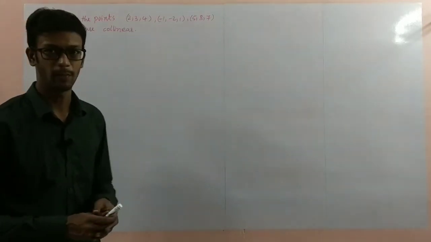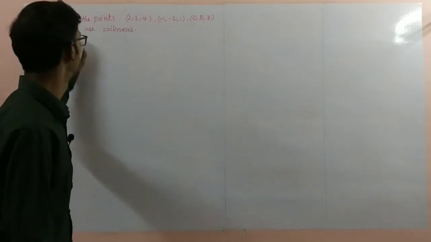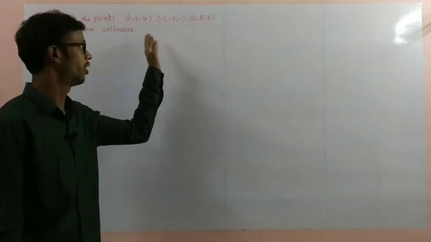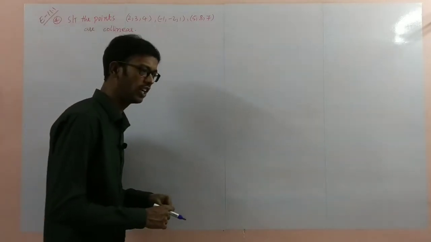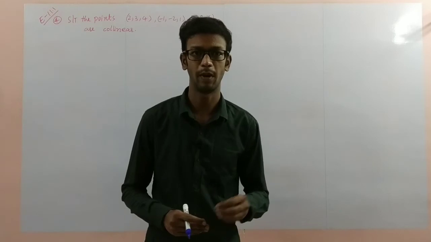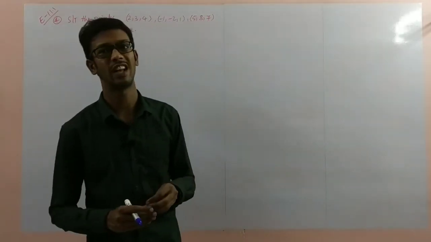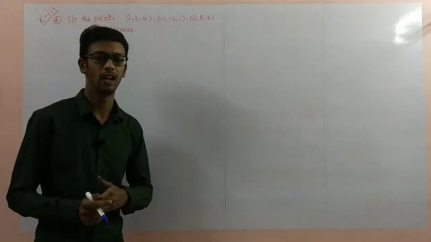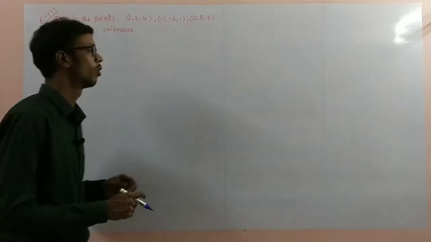Now, exercise problem number 4. Show that the 3 points are collinear. The collinear concept we discussed in vector algebra also, but here in a different way. By using the direction cosines and direction ratios, you have to show that 3 points are collinear.